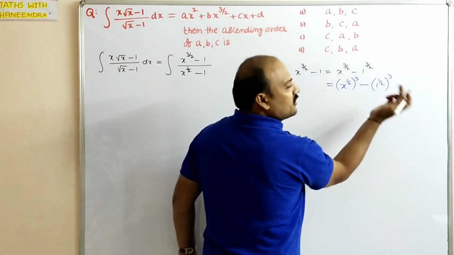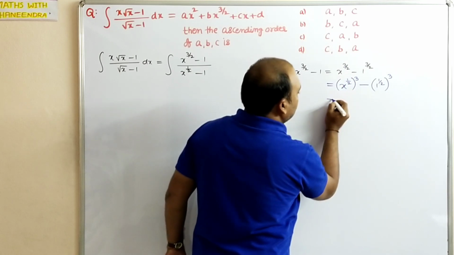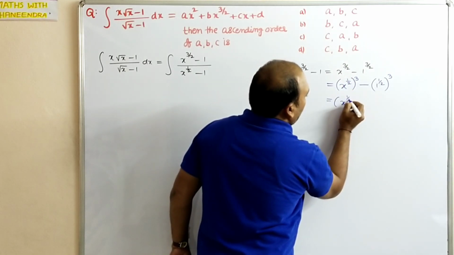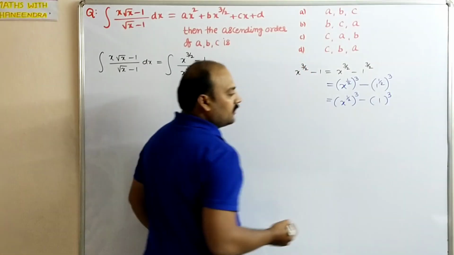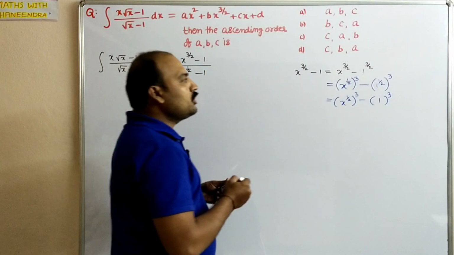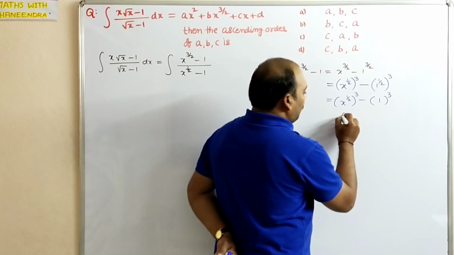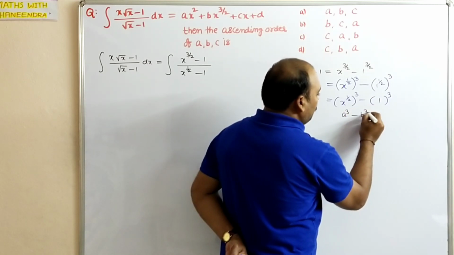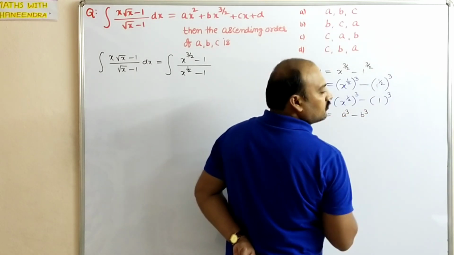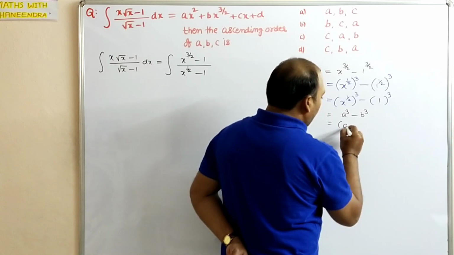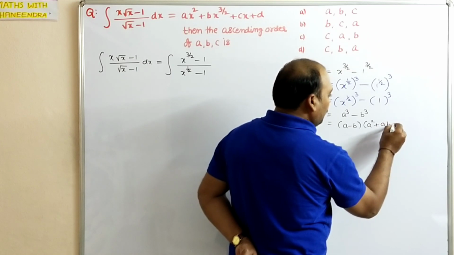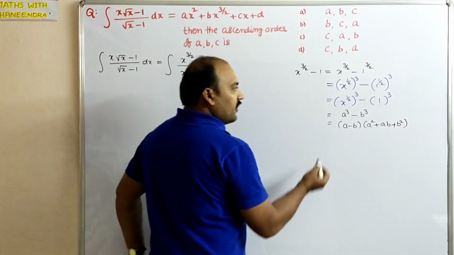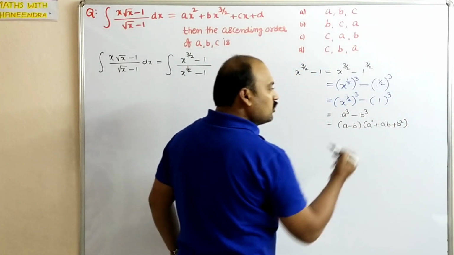Meaning cannot be changed. 1 power 1 by 2 is 1 only, but x power 1 by 2 keep it like this. So x power 1 by 2 whole power 3 minus 1 power 3. Here we are going to apply the formula a cube minus b cube equals a minus b into a square plus ab plus b square, where a is equal to x power 1 by 2, b is equal to 1.